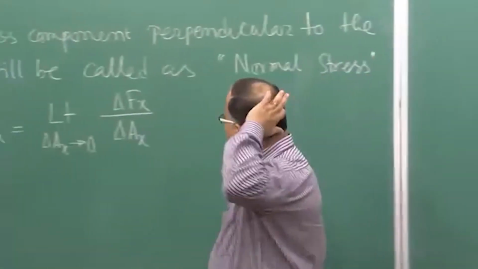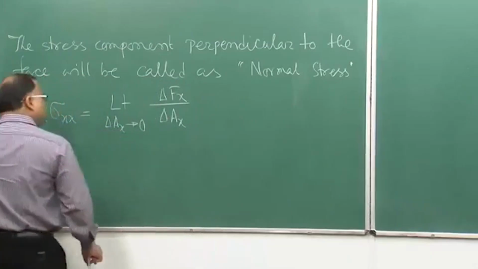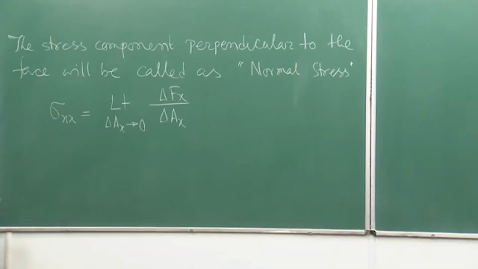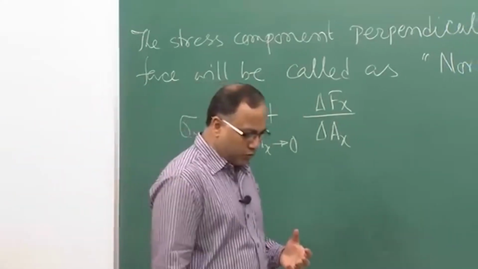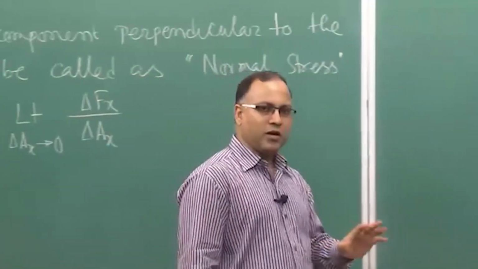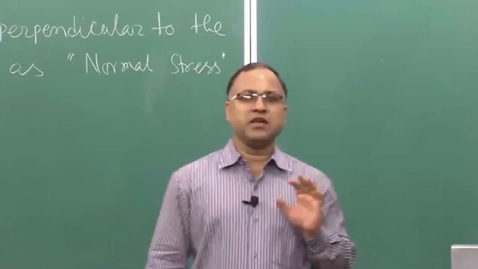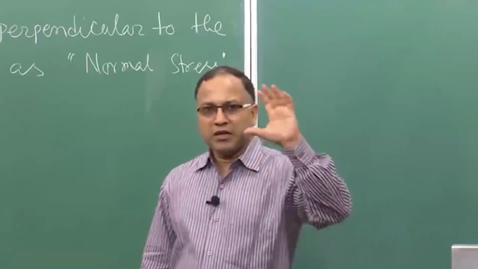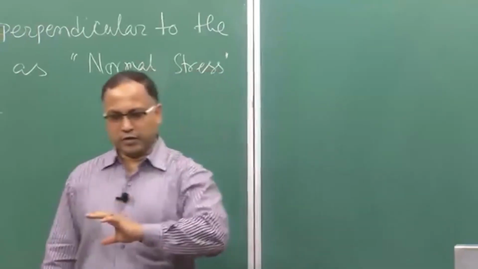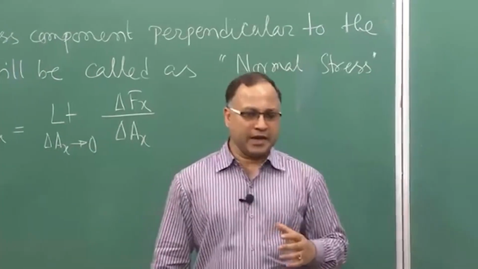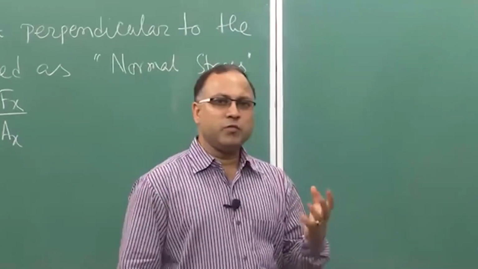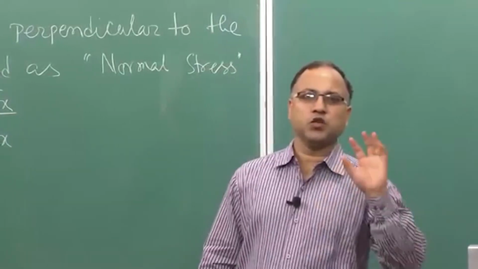Now there is one thing to be noted: sigma stands for normal stress. Whenever we write sigma from now onward, that will denote the normal stress, and we will not repeat this again and again.